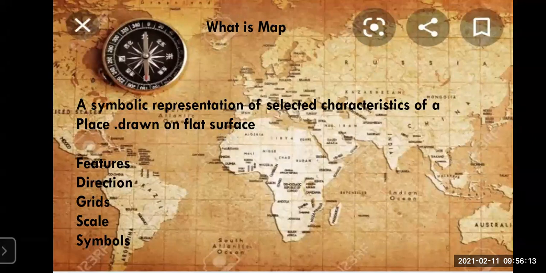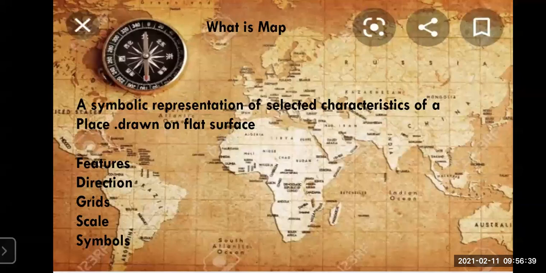You can see these features here. What do these things tell us? Direction helps us identify where locations are actually situated. Now the map is not shown here, but when I do the map filling, you will be able to see the map.